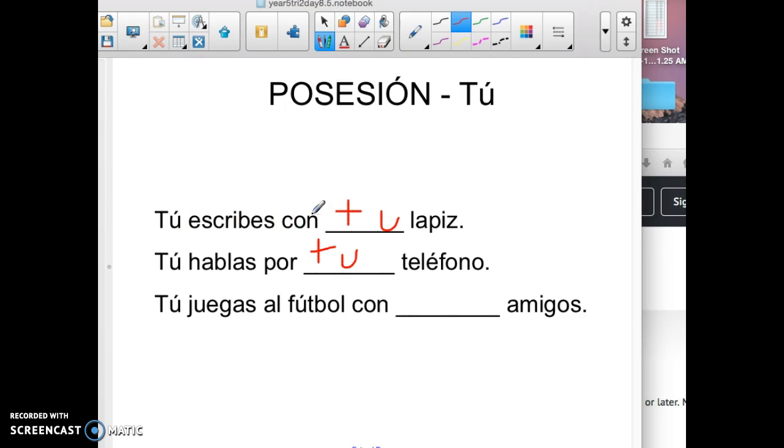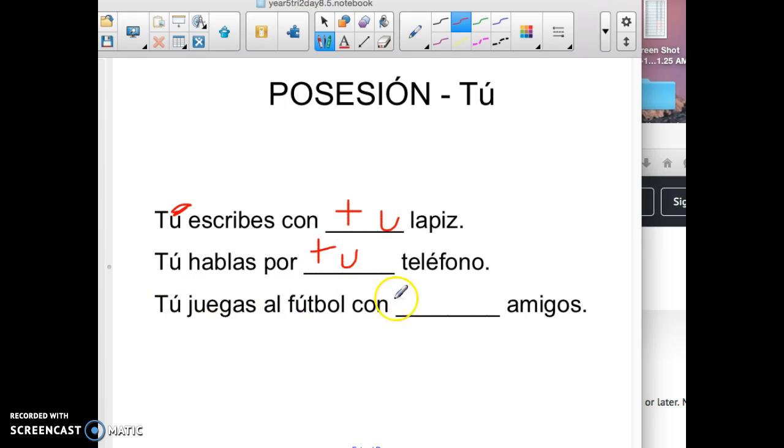But there's no difference in the way you say it. The only difference is when you write it and I'm saying you, it's going to have an accent over it. When I'm saying your and I'm writing it, it doesn't have an accent. But other than that, it's pronounced exactly the same.